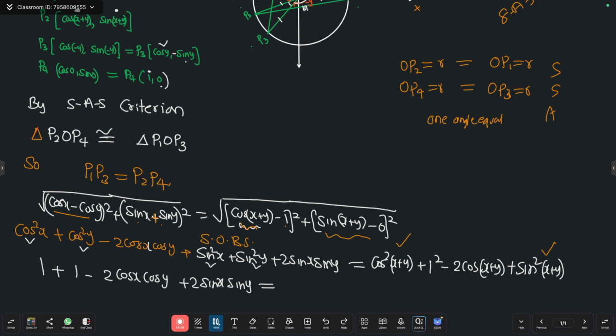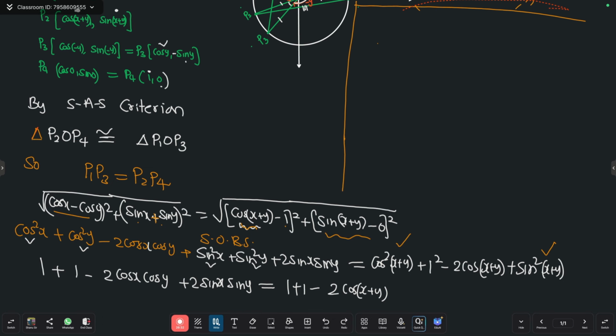And 1 square is 1, minus 2 cos x plus y. Here 1 plus 1 is 2. So 2 minus 2 cos x cos y plus 2 sin x sin y equals to 1 plus 1, 2, 2 minus 2 cos of x plus y.